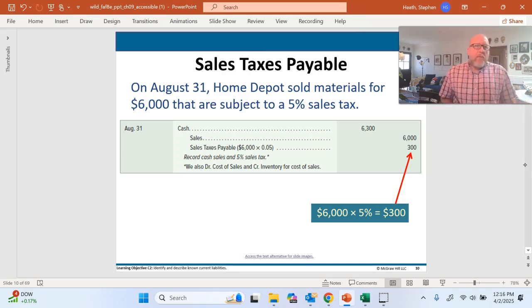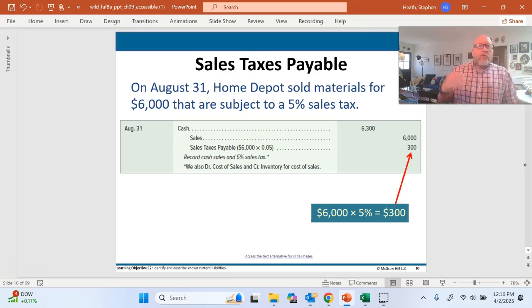And I actually don't mind the PowerPoint slides. In this particular example, on August 31st, Home Depot sold materials for $6,000 that are subject to a 5% sales tax. So in California, we pay sales tax. What's happening here is we're Home Depot. We have customers coming into our store, and the goods and services that they are purchasing are worth $6,000.